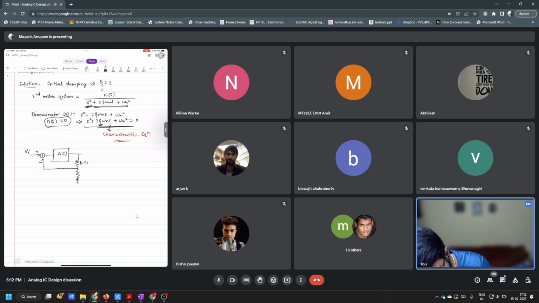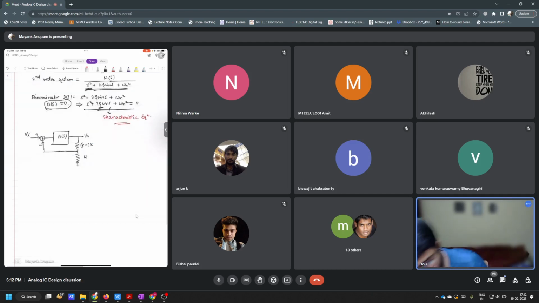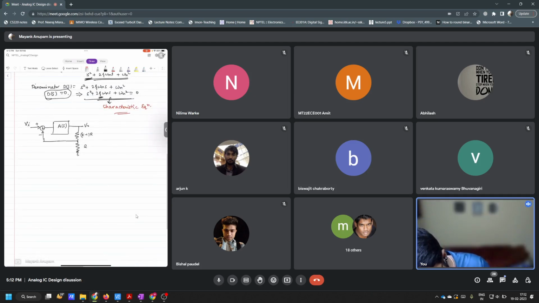K minus 1 times R. This is R. This is V naught. So what is the equation? Let's solve this. V naught is equal to Vi minus V naught by K, into A of S, correct?